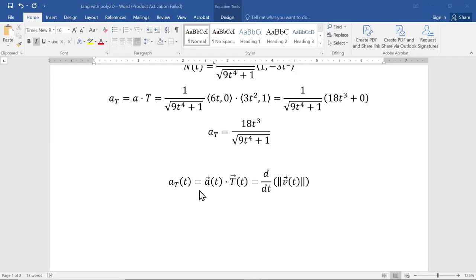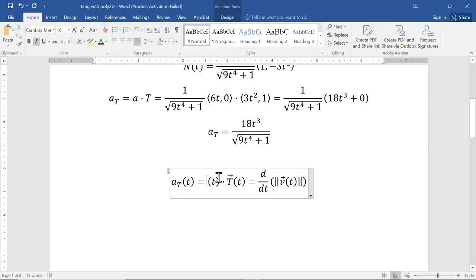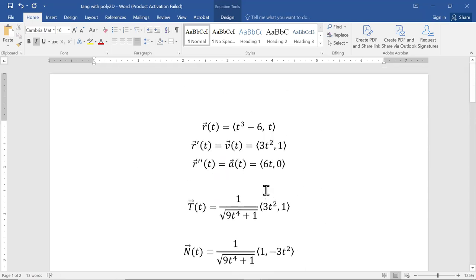All right, so what other formulas do we have? Well, we have the dot product. We use that one to find the a sub t. So let's find the a sub t using the other formula, derivative of speed, or in other words, the derivative of the magnitude of the velocity function. So my velocity function is 3t squared comma 1.